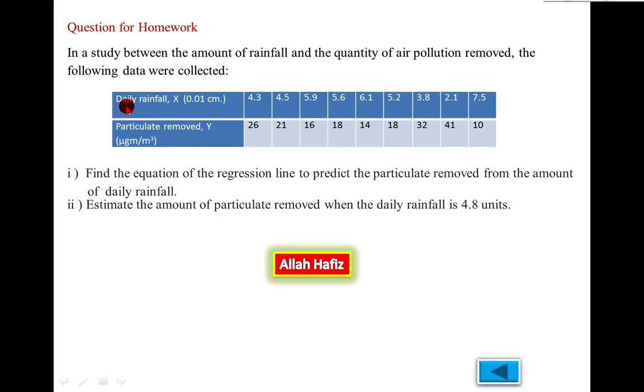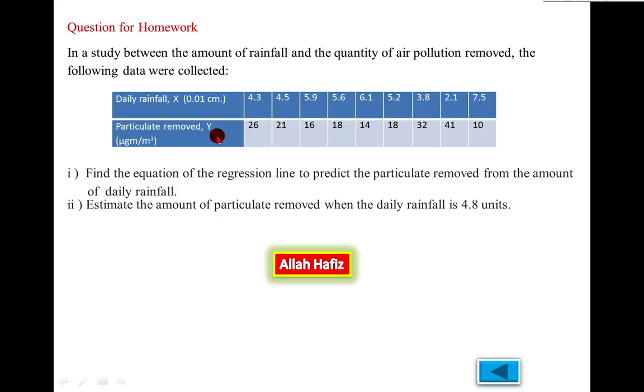So this is the daily rainfall in 0.01 centimeter, 4.3, and so on. Particulate removed, y, is given here in micrograms per cubic meter. So particulate removed depends on daily rainfall. So this is the y, this is the x. This is already given as x and y.